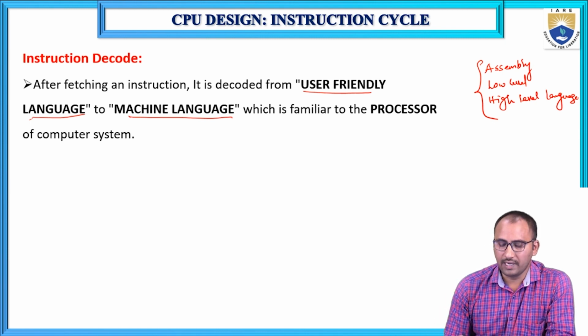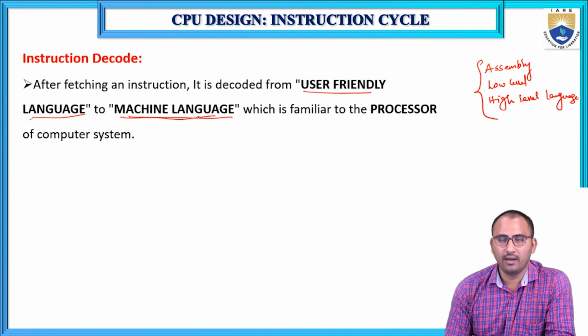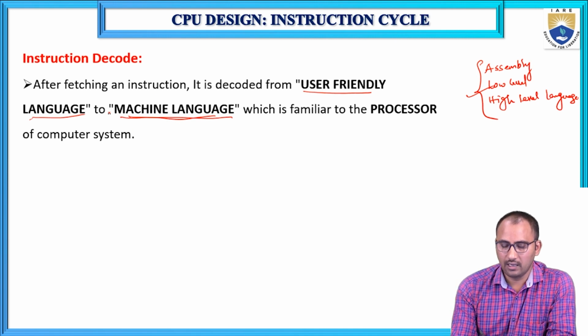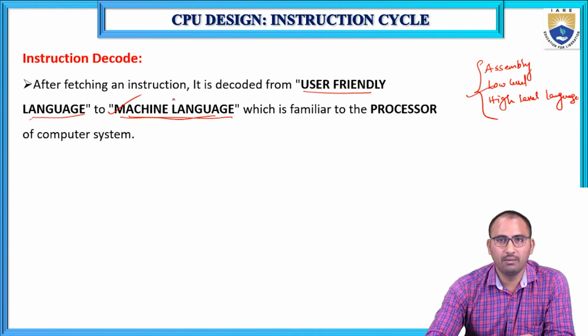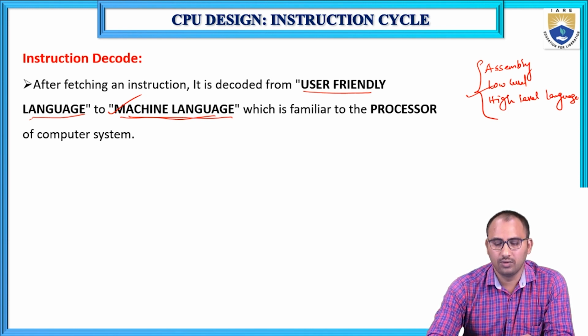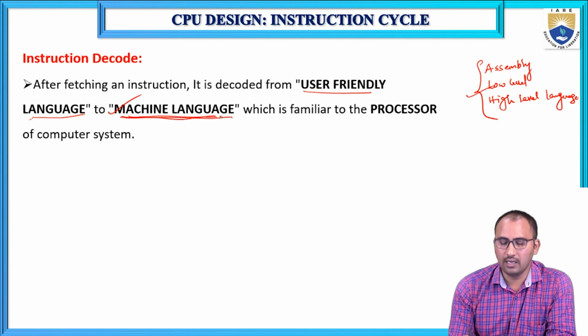But we cannot use the machine language, because as humans we can understand only the user-friendly languages. We cannot understand the machine language, because it is very difficult to understand and to read. Only the machines can understand the machine language.